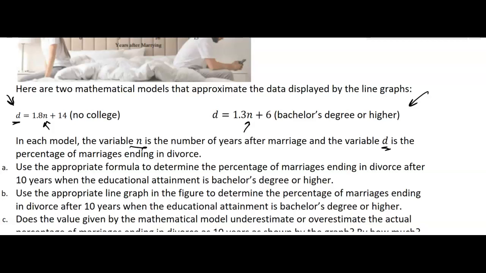So it's going to give it to you as a percent, so maybe 20% of the marriages end in divorce or something like that. So it's n and d, but n is your x, the horizontal axis, and d is your y, the vertical axis. We don't have x and y this time, we have n and d, but they tell us what everything means. Hopefully that makes some sense.